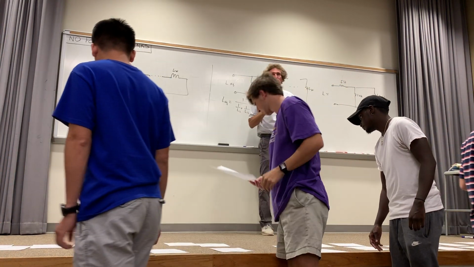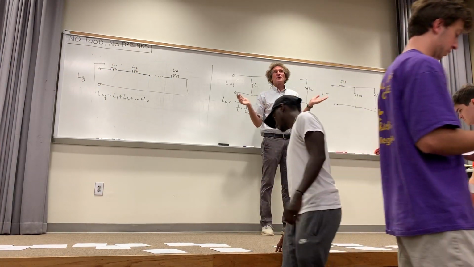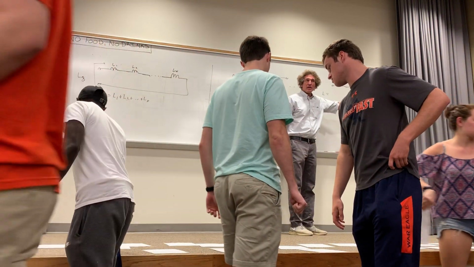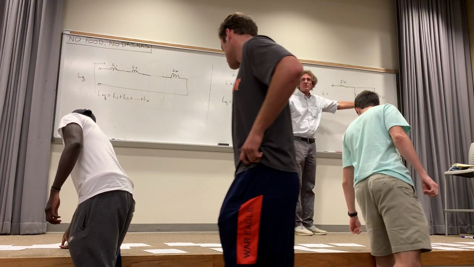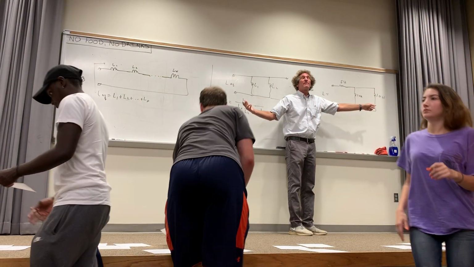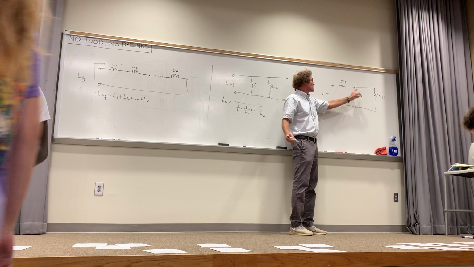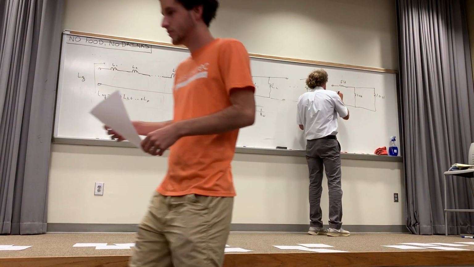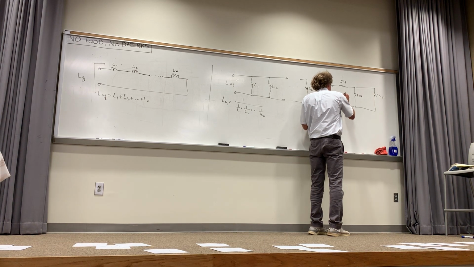How do we add these two in parallel? Think of a resistor in parallel. 10 in parallel with 10 is 5, right? 5 in series with 5 is 10. Do you agree with that, class? That would be 10 Henrys.